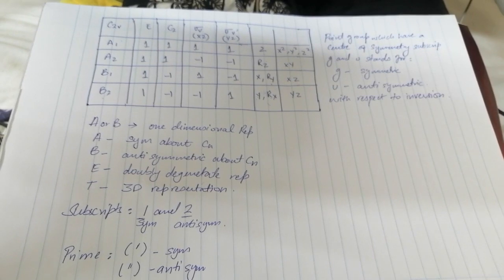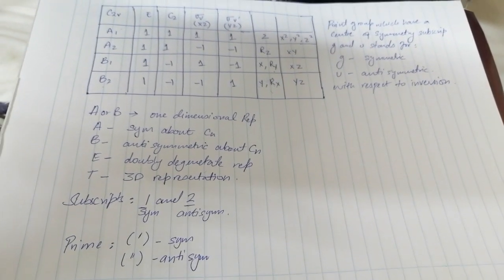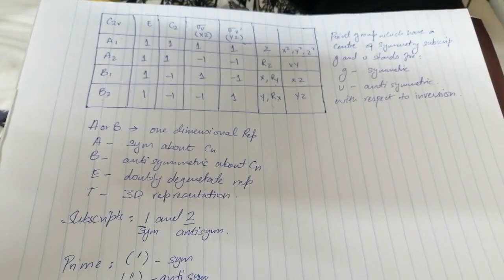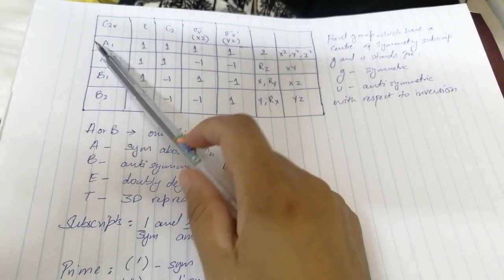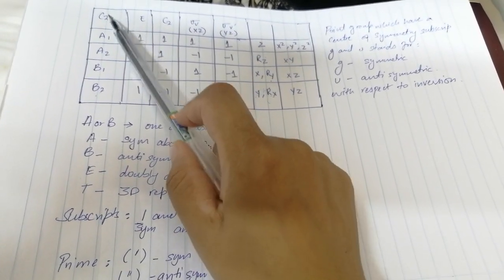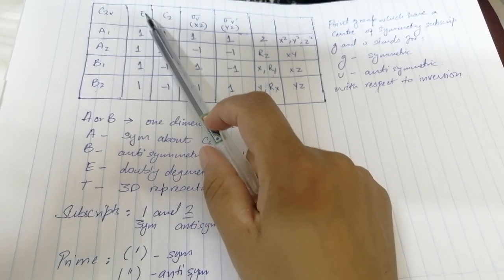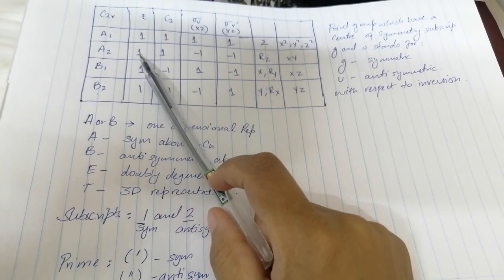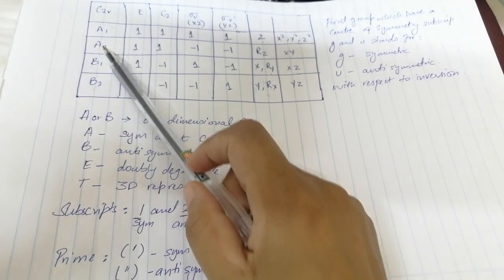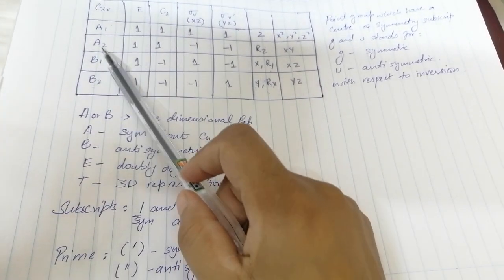Okay, so this is all about the characteristics of a character table. We talked about how number one here represents the point group. Then we have symmetry operations here, and these subscripts represent the Mulliken symbols.